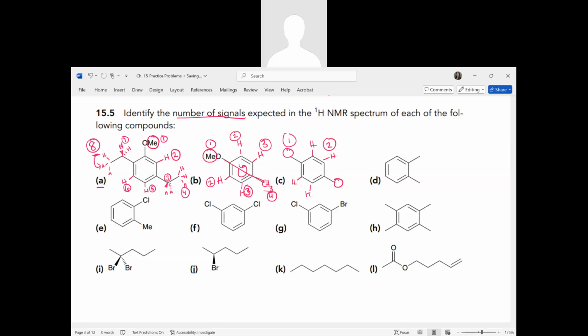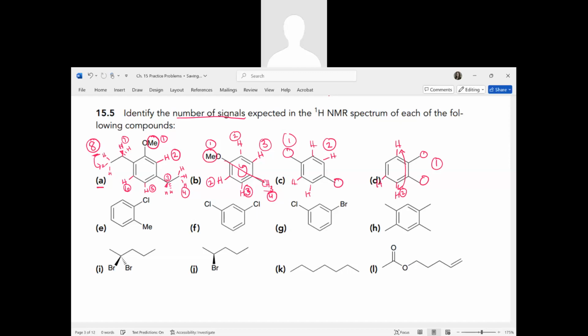Then let's take a look at compound D here. We should see 3 different kinds of protons. So these 6 protons here, each 3 of these methyl groups, would produce the first signal. Then we have these 2 protons here, which would produce a second signal.